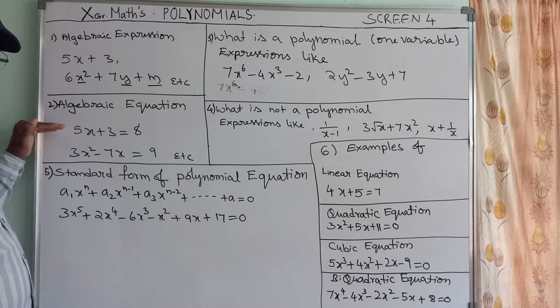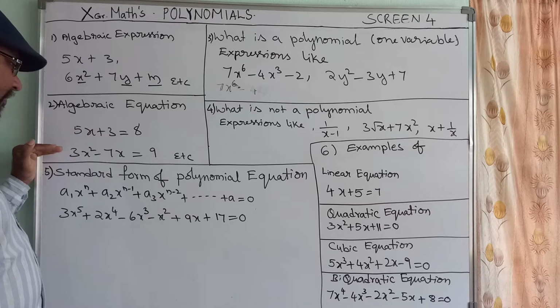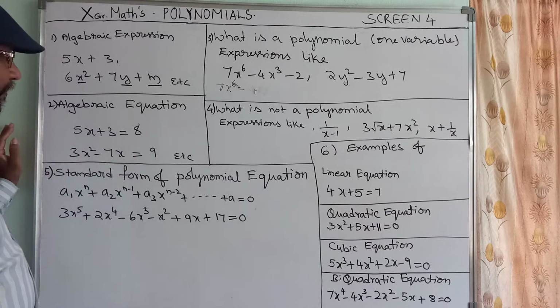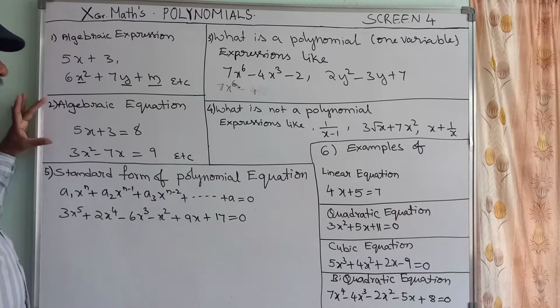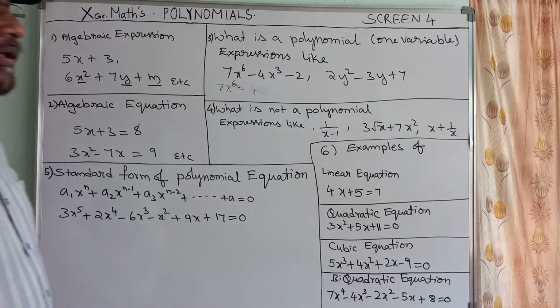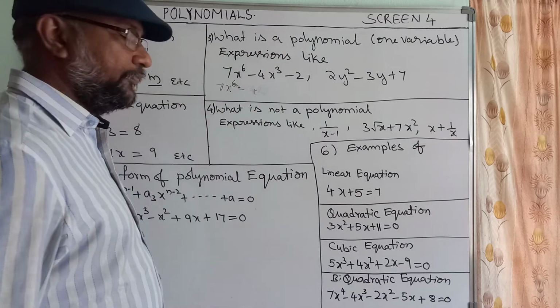For example, 5x plus 3 is equal to 8, 3x square minus 7x plus 9, etc. This is an algebraic equation. Now, the third one is, what is a polynomial in one variable?